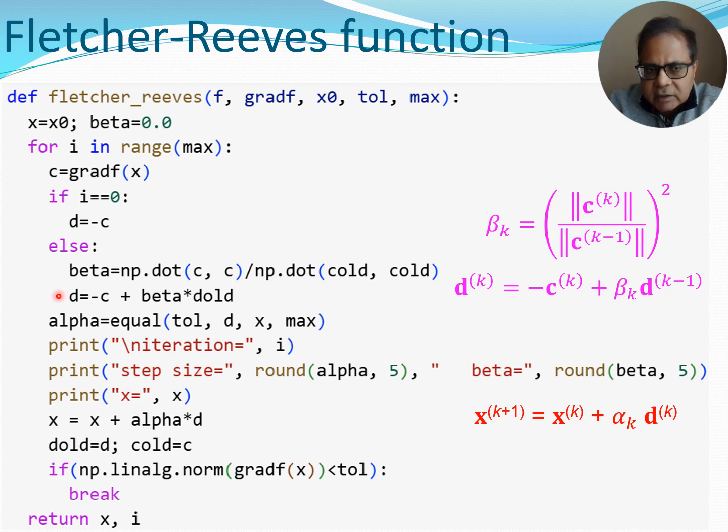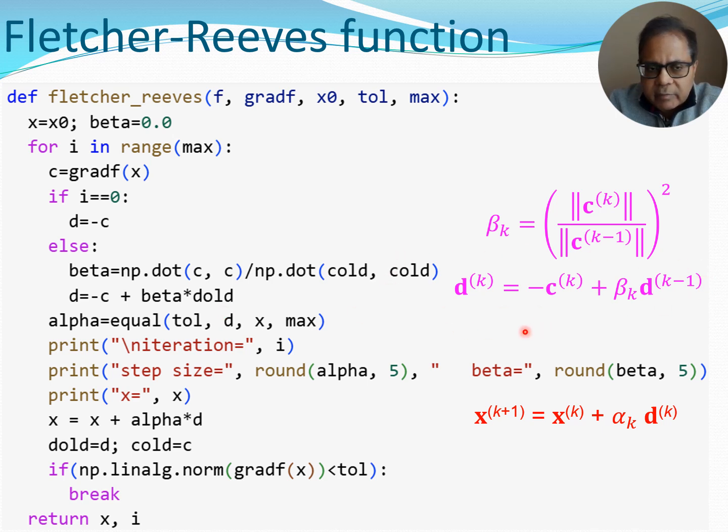So in that case, I first calculate beta. Beta is going to be this divided by this, which I do here. Now I don't need to square this because I'm simply taking the dot product, so it's squared by itself. And then I put d is minus c plus beta into d old. So this is this value here.